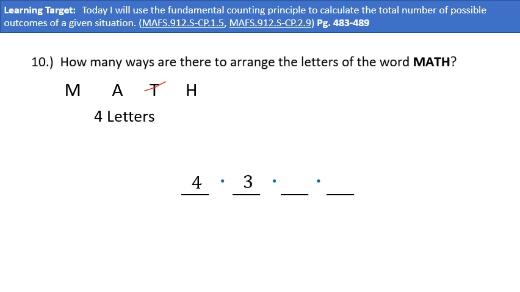Only 3. Let's say I choose the M, it's gone. How many options do I have? 2. H is gone, only 1 is left over. 4 times 3 times 2 times 1 is 24. And that, my friends, is the fundamental counting principle.